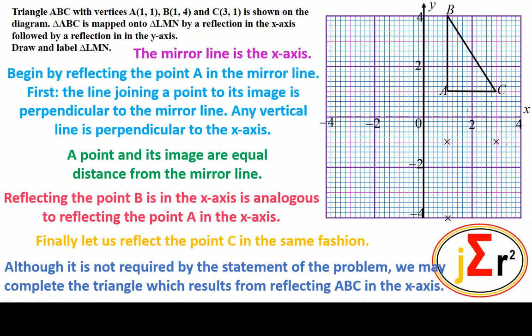Although it is not required by the statement of the problem, we may complete the triangle which results from reflecting ABC in the x-axis. It is not a requirement, but we might include that triangle in order that the diagram may be more visually friendly.